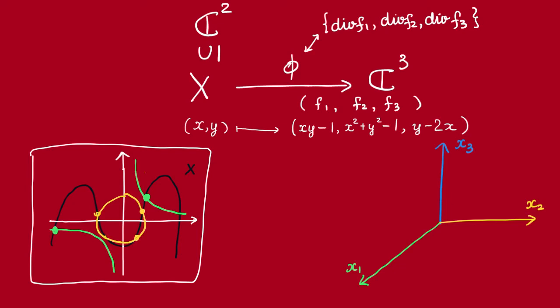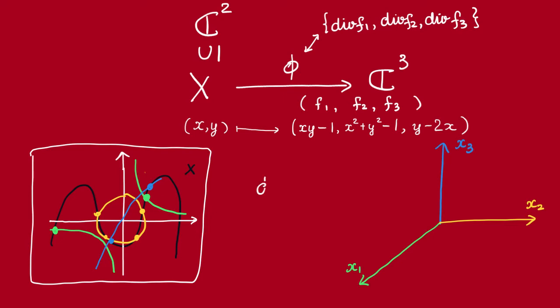So this is div F2, and then finally div F3. Okay, so I have color coded them as a hint. Do you see now how we can rephrase this divisor?